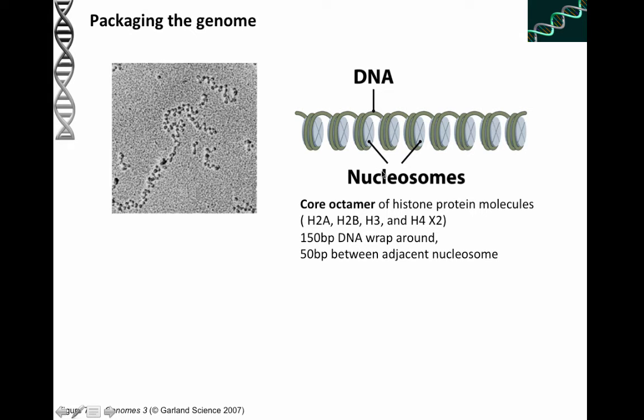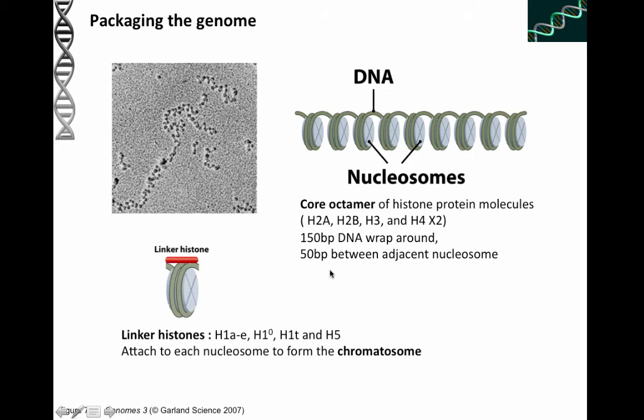The key terminology here is that when the histone complex is associated with the DNA, we call those individual beads nucleosomes. Then what determines the 50 base pair interval between adjacent nucleosomes? There are other protein molecules called linker histones.